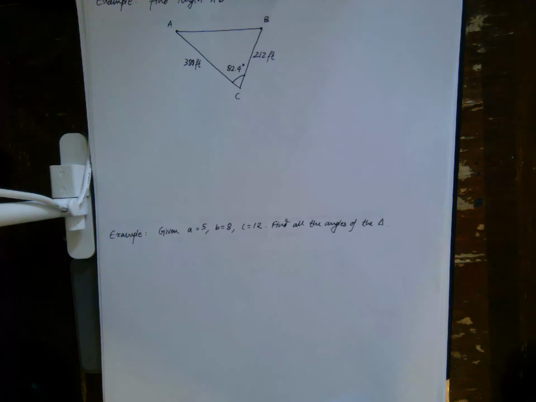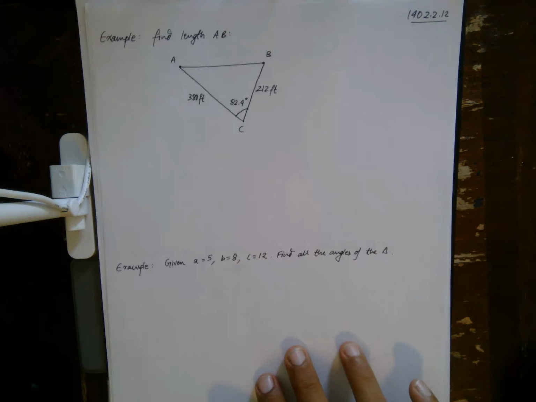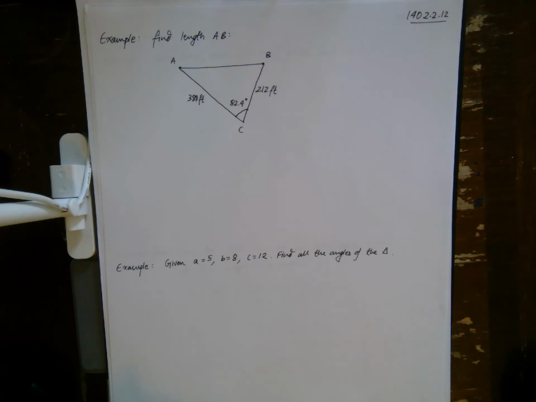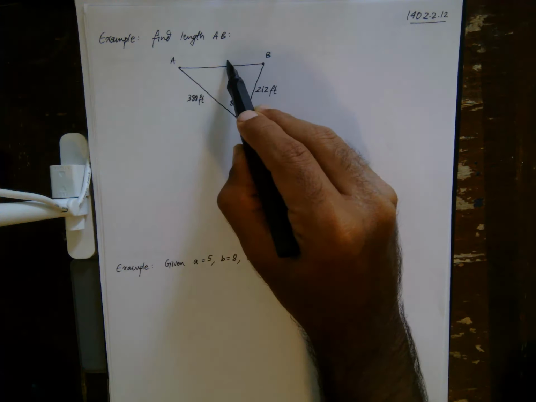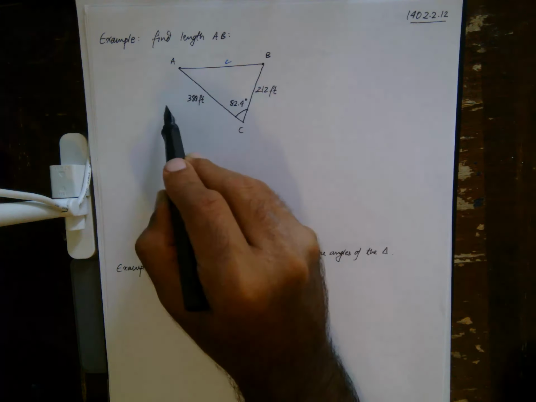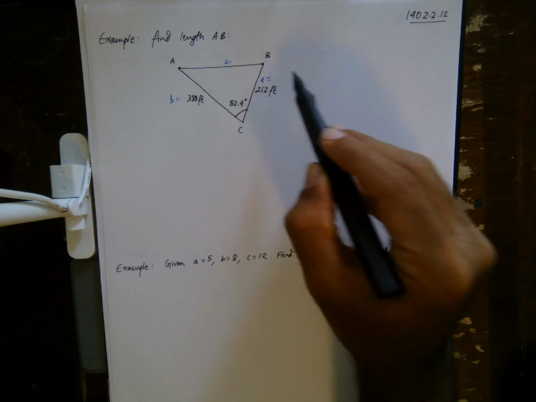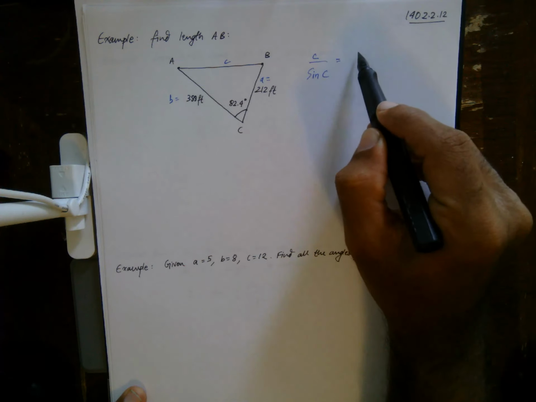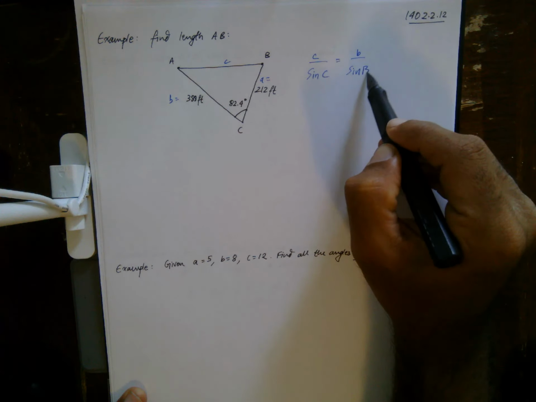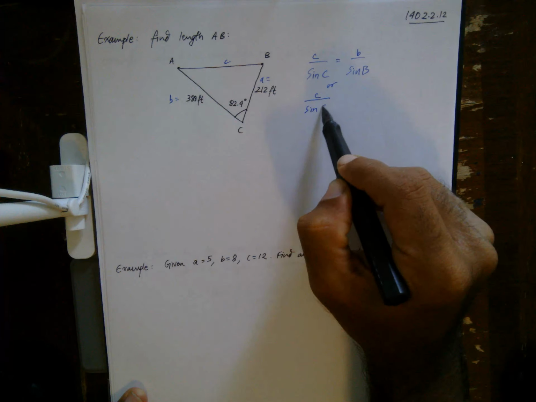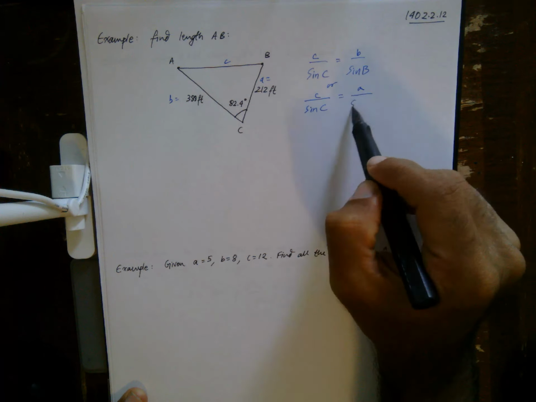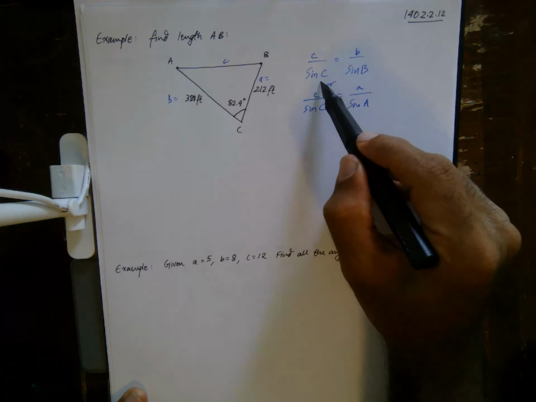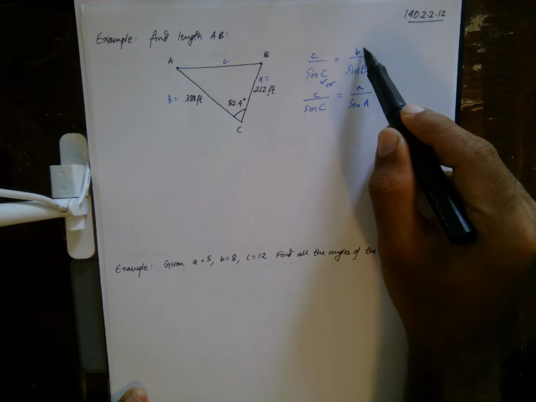Let's look at an application of this. Find the length AB. Now, first of all, why can we not use sine law? Let's label this as C, this is B, and this is A. If I want to use this, I should be using c over sine C equals b over sine B, or c over sine C equals a over sine A. In here, I know angle C, I know side b.